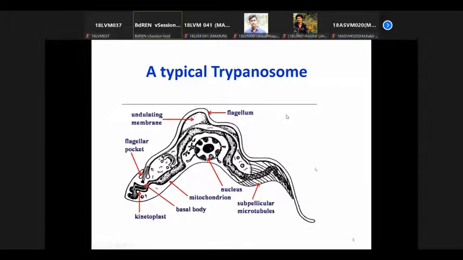So sometimes you'll be asked to draw and label different structures of a typical trypanosome.